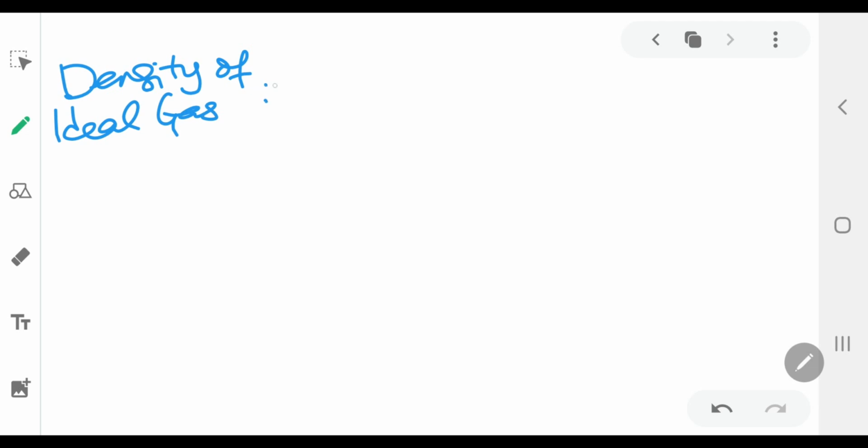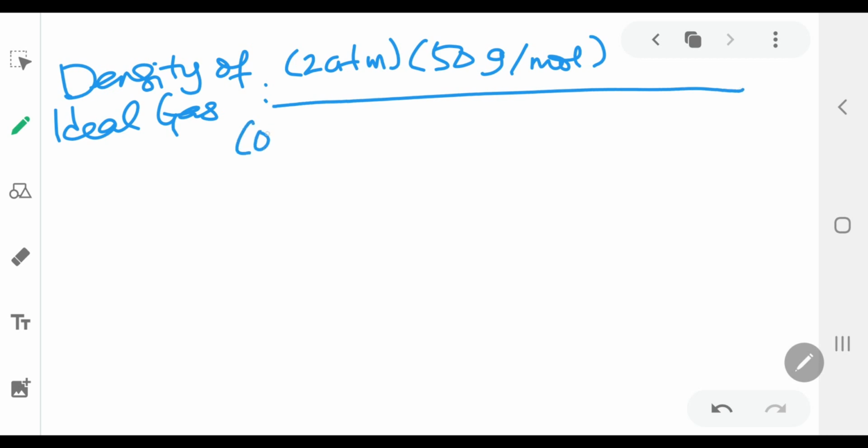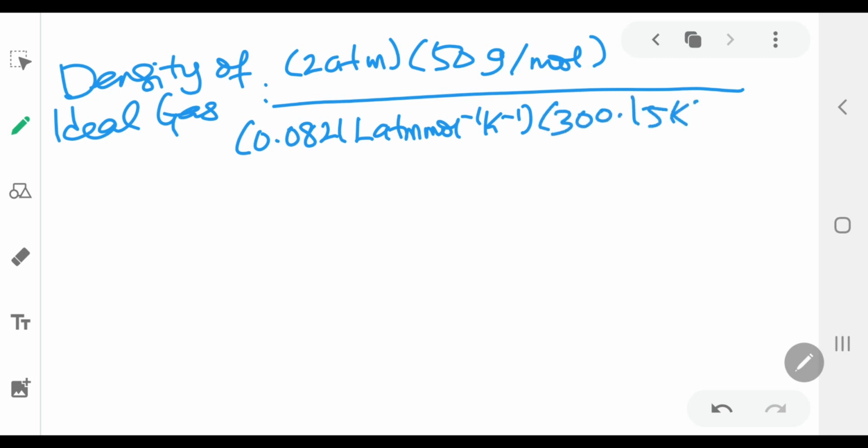Therefore, density of ideal gas is 2 atm times 50 gram per mole, over 0.0821 liter atm per mole per Kelvin and 300.15 Kelvin.